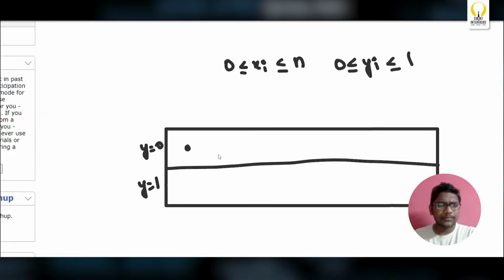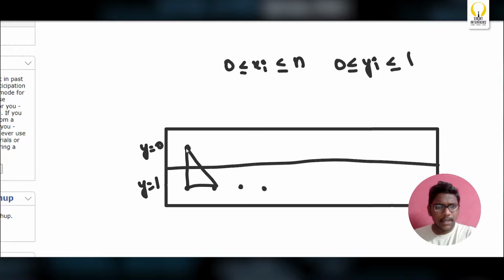Now you'll be given all the coordinates, something like this. I'm just considering it randomly. Let us consider these are the coordinates you have. How many triangles can you form with these points? One, you can form it in this way.